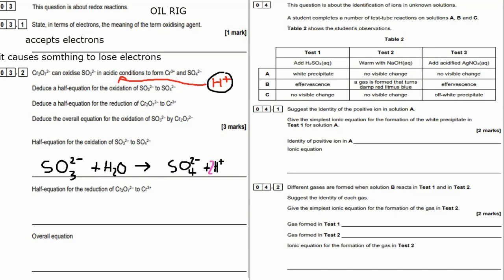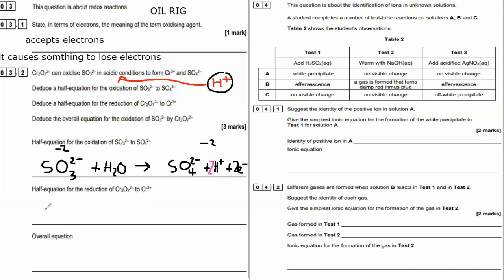Now, you can also see that the electric charges must balance on either side. It's a good way to check you've got the equation right. So we should have -2 on each side. Now, we can see that with those hydrogen ions, we wouldn't get -2. So we need to add 2 negative electrons. And that means that now we've got -2 on each side of the equation. It's now electrically balanced. So use those electrons to make sure the charges balance on both sides.